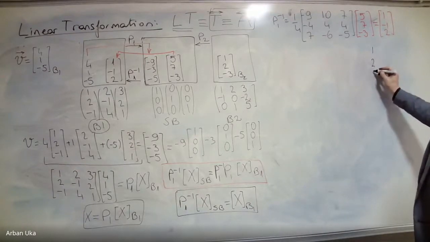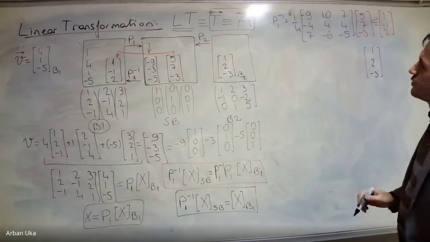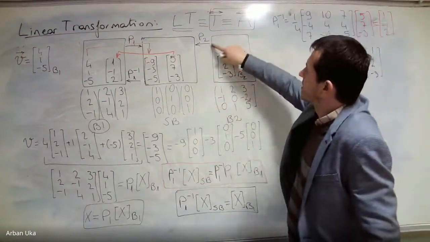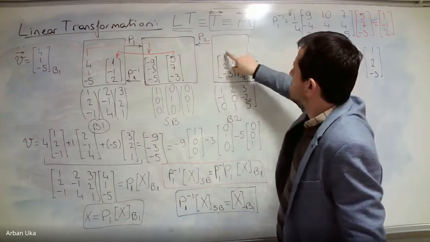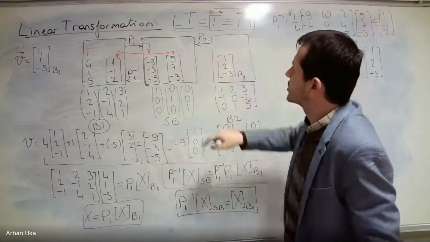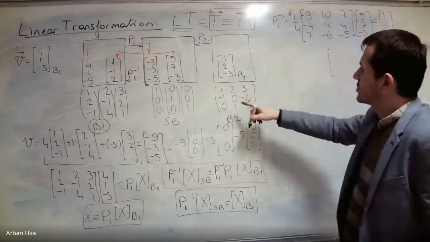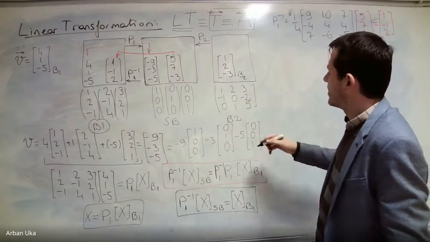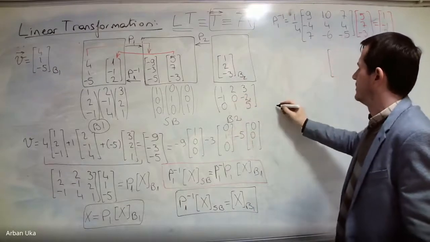We have 1, 2, minus 3. In order to find how this vector would look in the other domain, what we can do is initially multiply this with P2, because we will get this vector from here and project it onto the standard basis. So P2, and by the way, we have to check whether the determinant here is different from zero, because we just randomly came up with these numbers. So let's have a look at the determinant here.